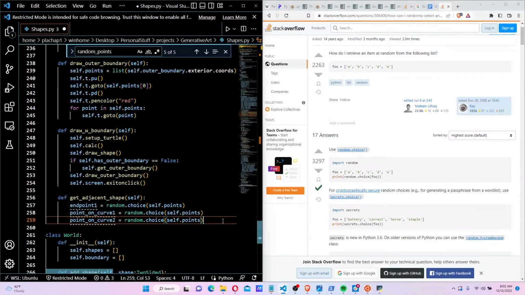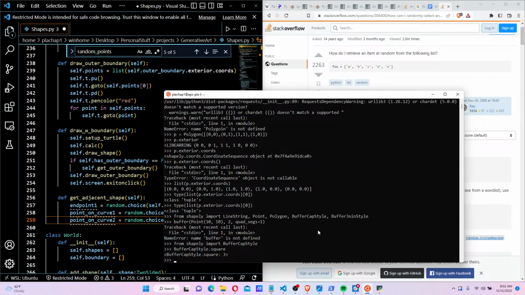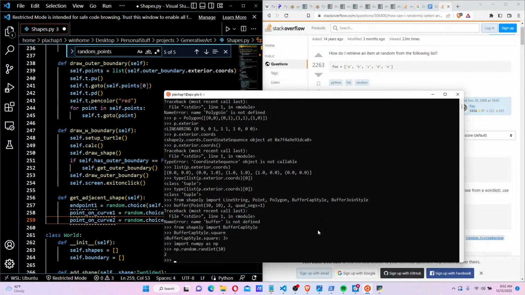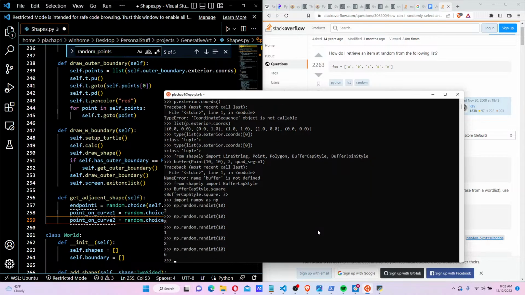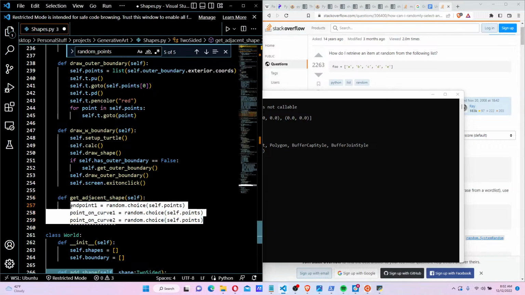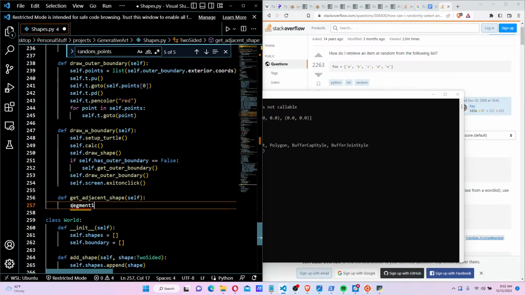So, import numpy as np. np.random.random10. Cool. So segment 1 is equal to np.random.